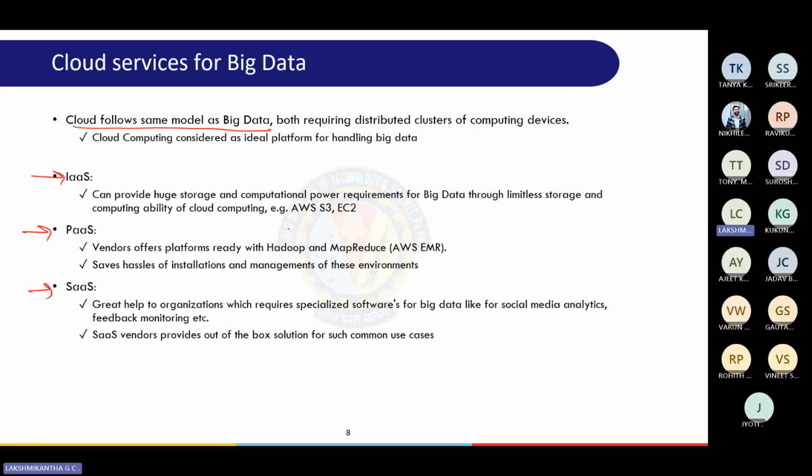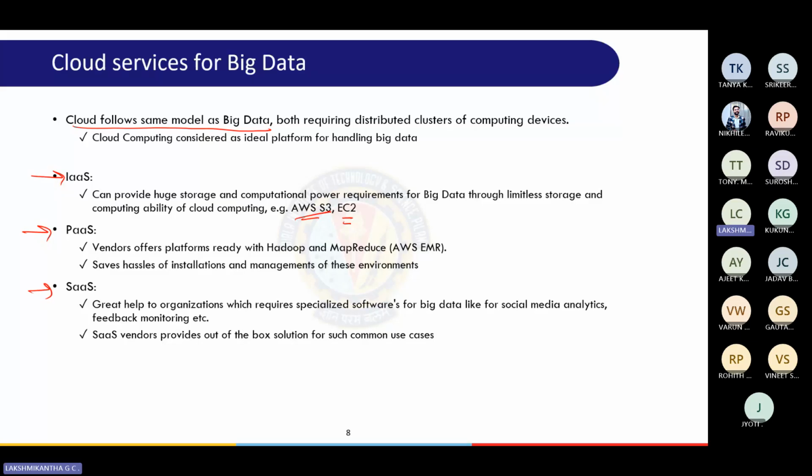Guys, you get limitless storage and computing ability for your big data. You can provision thousands of virtual machines, like EC2 instances in AWS, and petabytes of object storage, which is AWS S3, to meet your needs. You install Hadoop or Spark yourself, but you get the elastic infrastructure underneath.